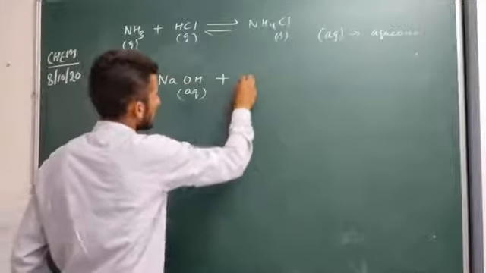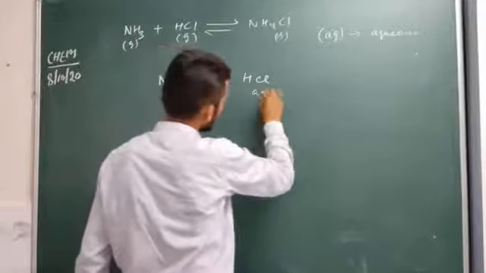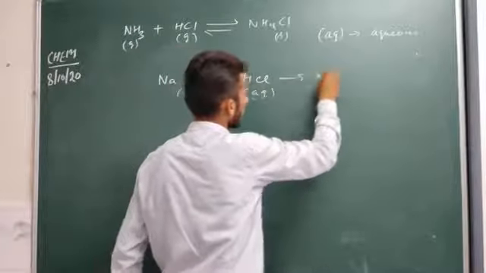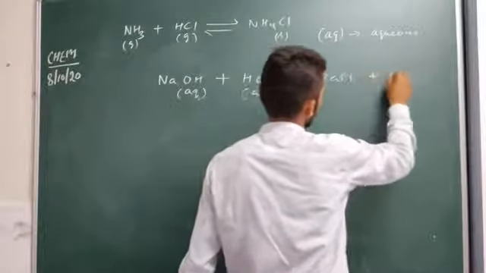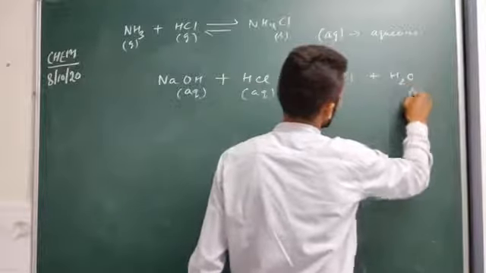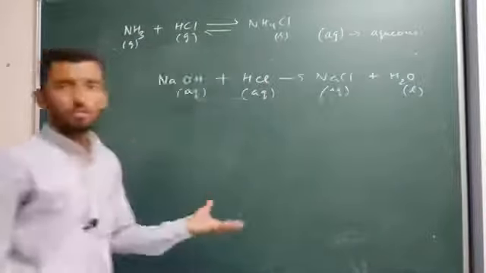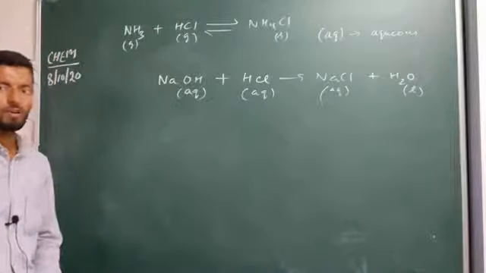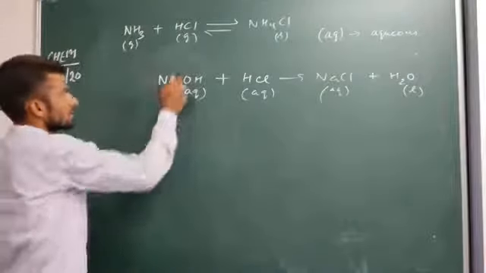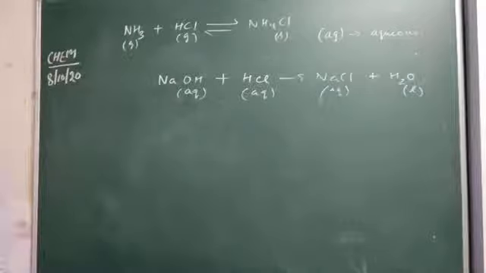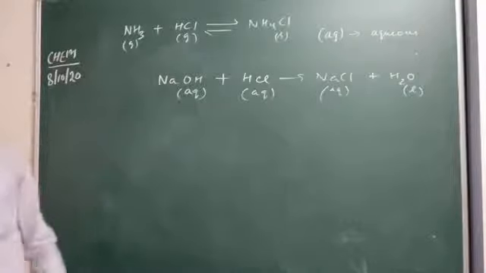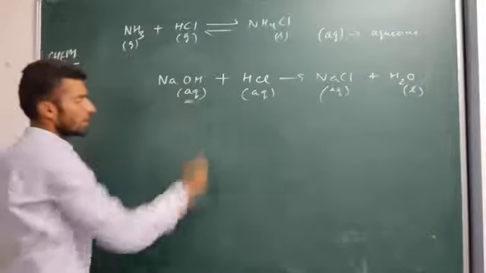When it combines with HCl, that is also aqueous, there is formation of NaCl plus water. Water we know is liquid, and NaCl is in the aqueous form. Aqueous means a substance formed by its dissolution in water, when water is used as a solvent. That solution is known as an aqueous solution, and generally we write AQ.